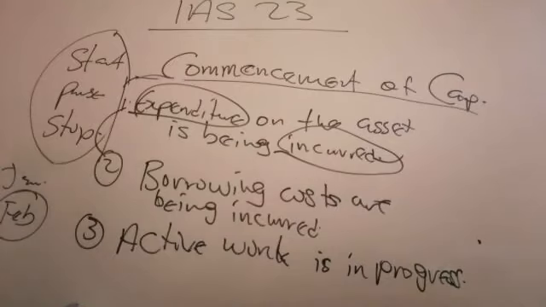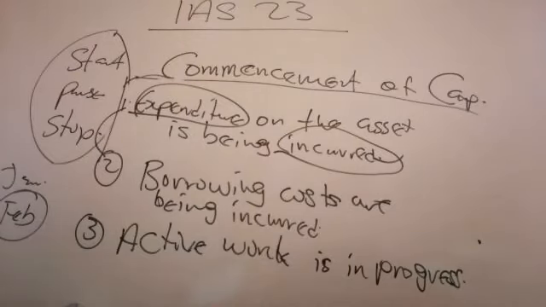The last one is very critical, which says that activities are in progress that are necessary to prepare the asset for its intended use or sale. So active work is in progress to make the asset ready for its intended use. So all that means that construction is in progress.